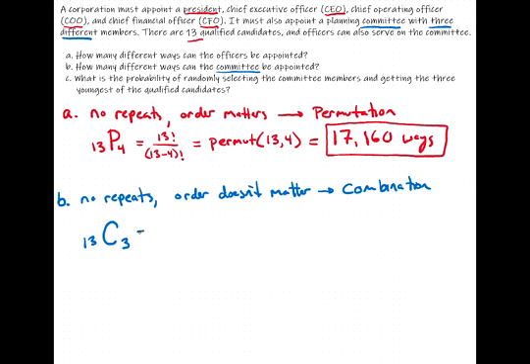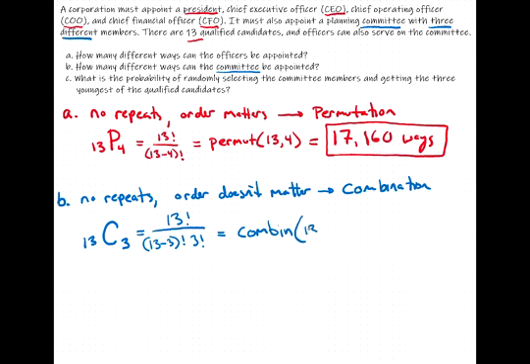And again, there is a formula for combinations, and that's 13 factorial divided by 13 minus 3 factorial times 3 factorial. But again, I'm not going to use a calculator for this. I'm going to use Excel, and the Excel function is COMBIN.